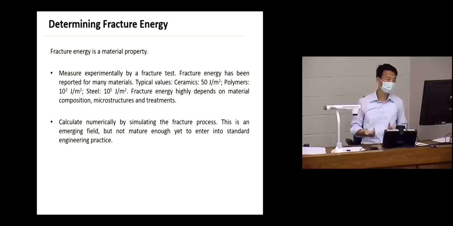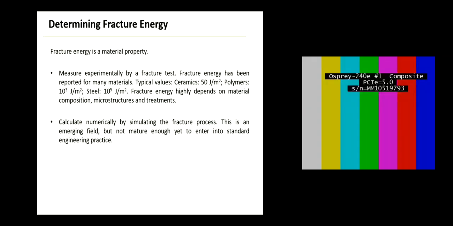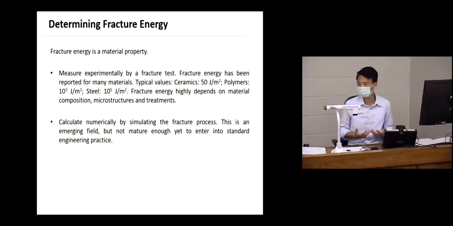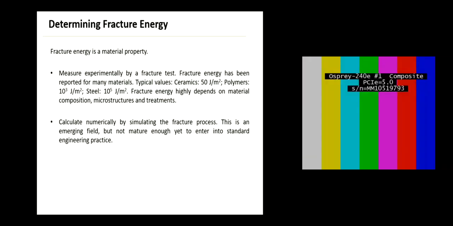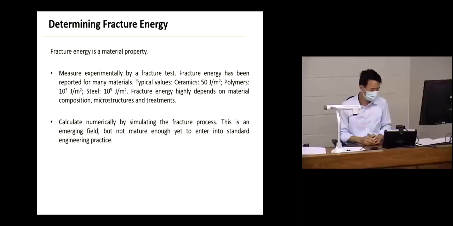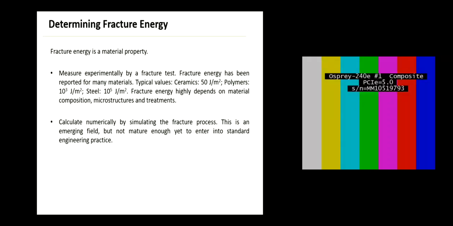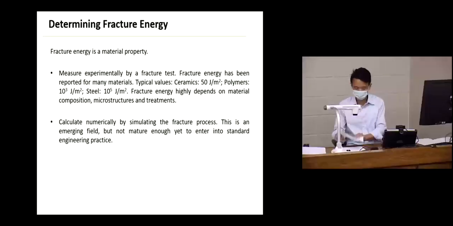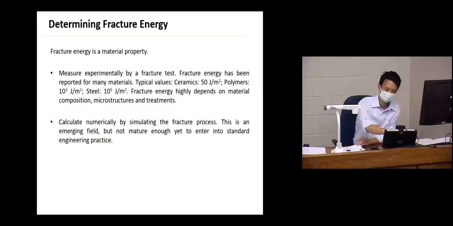So you follow the same sort of procedure that we described, and you apply the force, the stress onto the material, and then you can calculate the energy release rate, right? Because, for example, you just take the same geometry here.